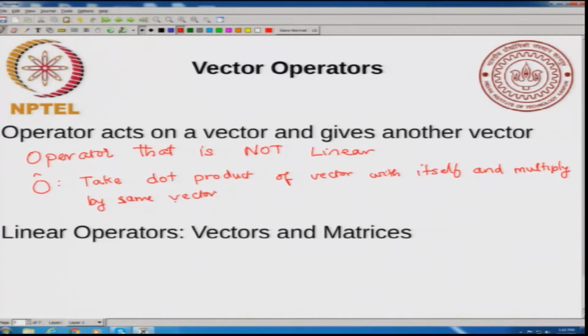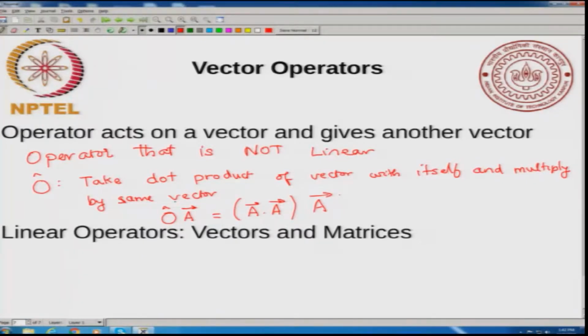Okay. So, what this does is it takes O and when it acts on a certain vector A, what it does is it takes A dot A. Okay. So, you take the dot product and so A dot A is a scalar. So, it takes this and multiplies it to A. So, now you get a vector.